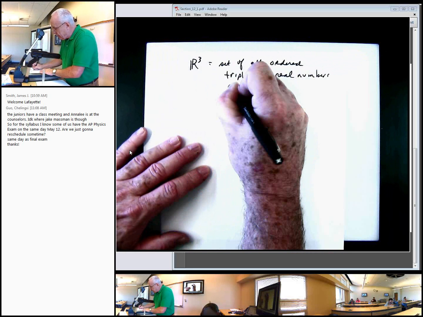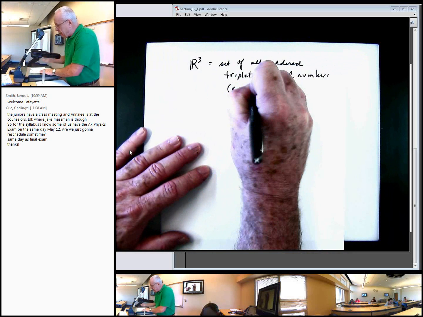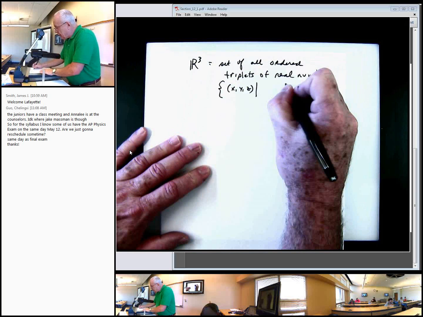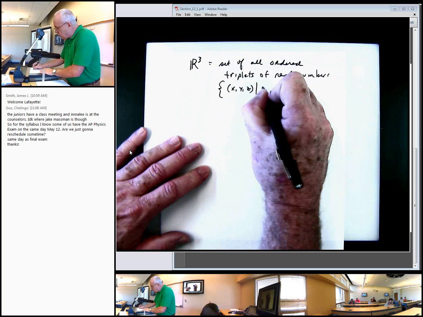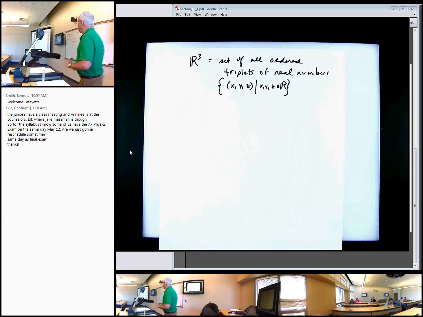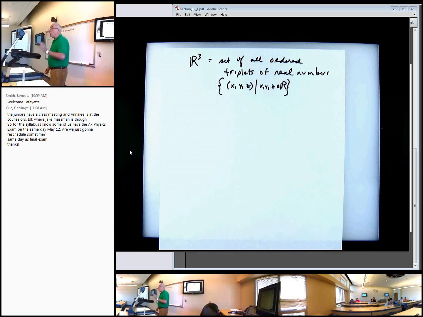So it's the things x, y, and z, such that x, y, and z are a member of the real numbers. Okay, ordered triplets, R3. That's how you say it.